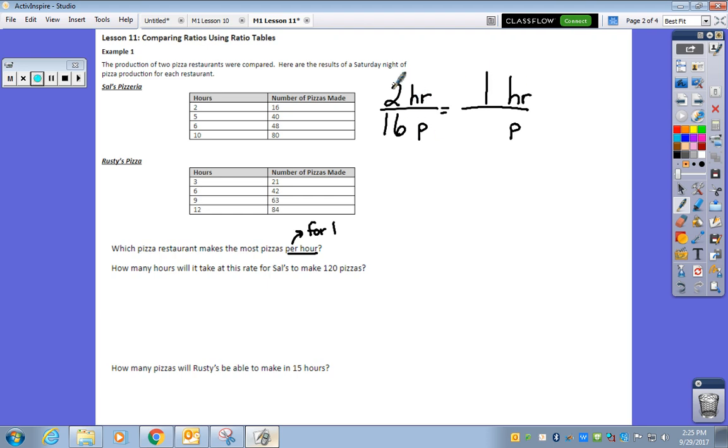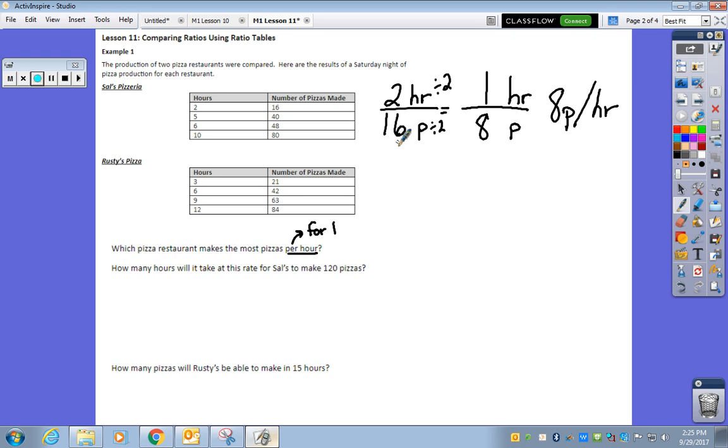We're going to scale the ratio down to 1. So we're going to do 2 divided by 2 to get that 1, and 16 divided by 2 tells us 8. So it's 8 pizzas per hour. And we can write the word per, or we can use this / to show per. So again, scaling down is just taking a ratio and using division to bring the numbers in the ratio lower.